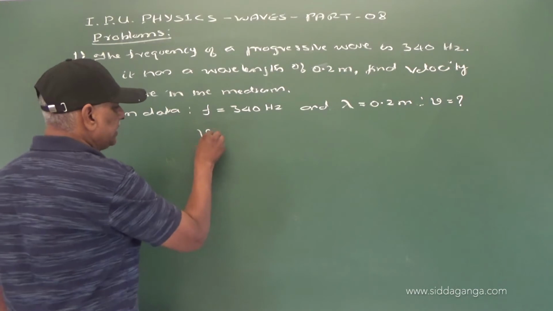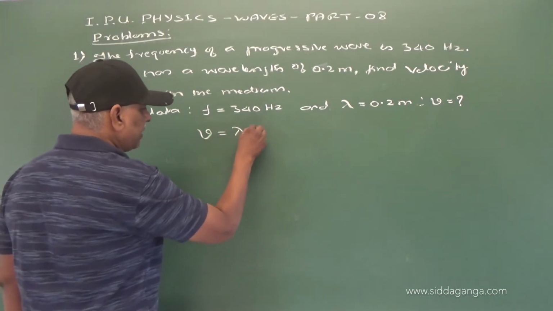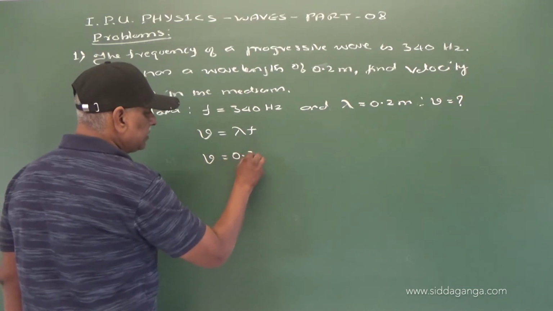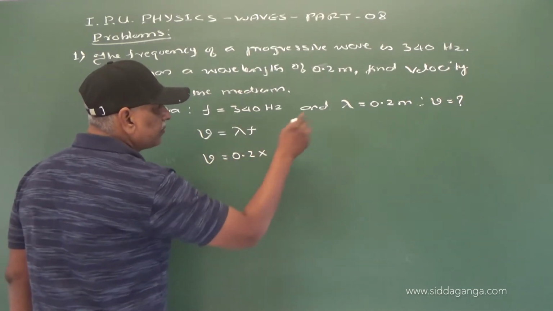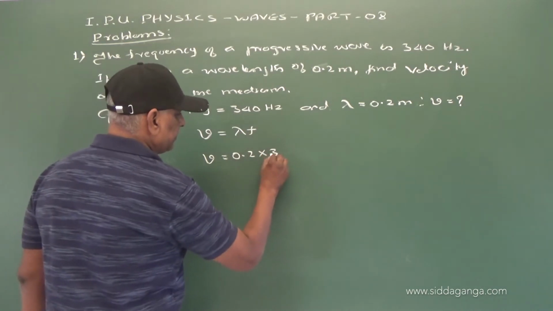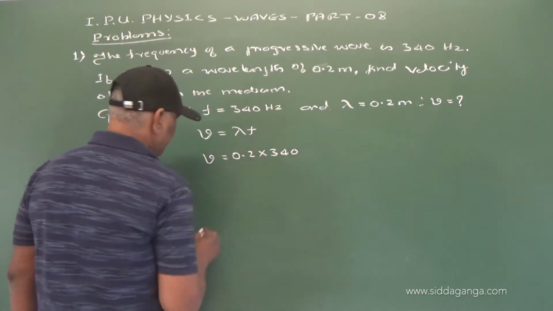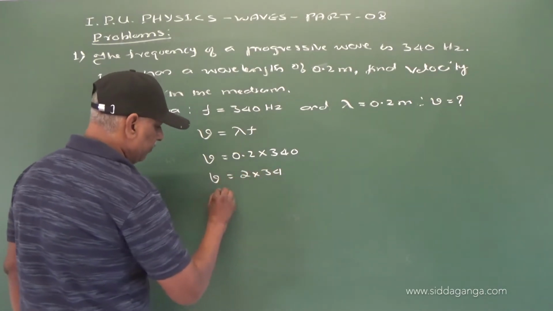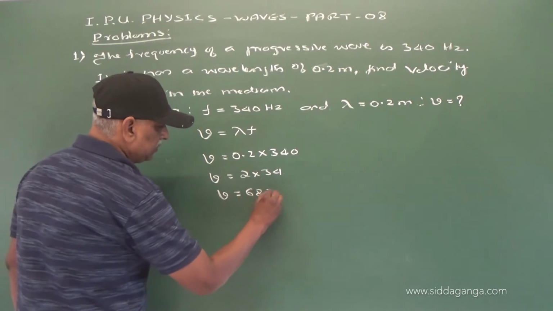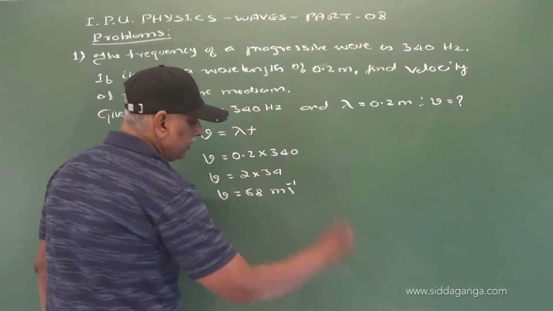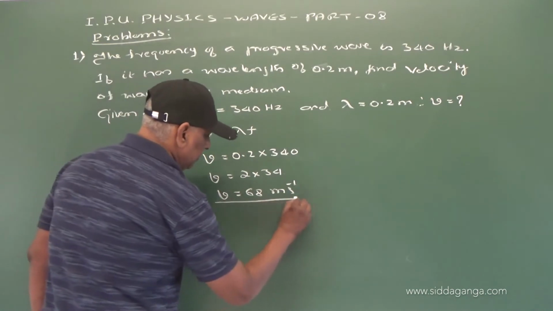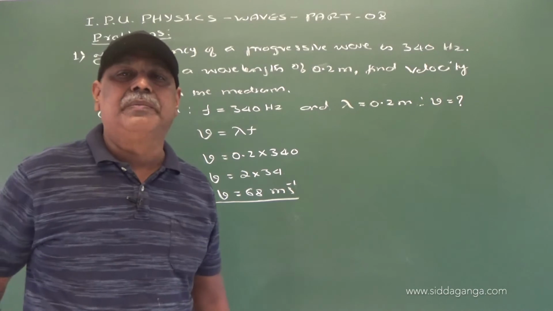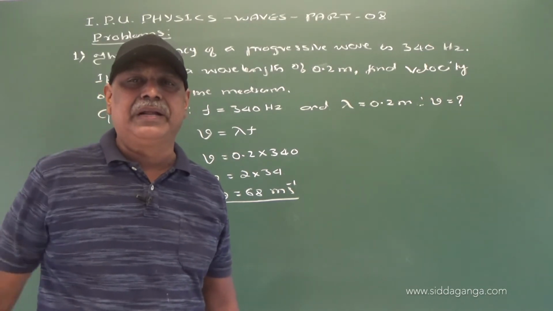Now we have velocity v = lambda into f, or v = 0.2 into 340, or v = 2 into 34, or v = 68 meter per second. So the velocity of the given wave comes out to be 68 meter per second.